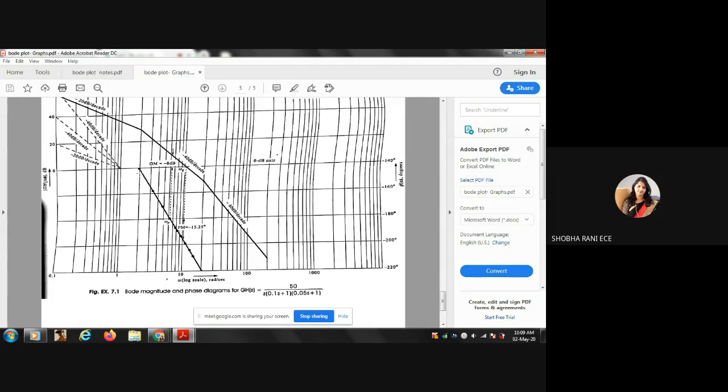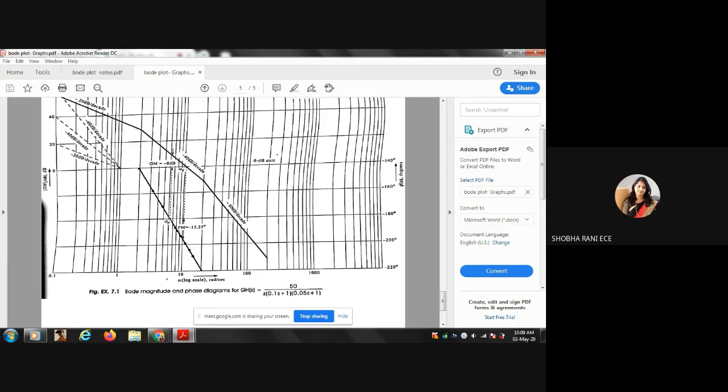If the line had been somewhere else and intersected somewhere here, that point would have come above the minus 180-degree line, and then you should have taken the phase margin as positive. But since when you come down from omega g the point is below the minus 180-degree line, it is negative.